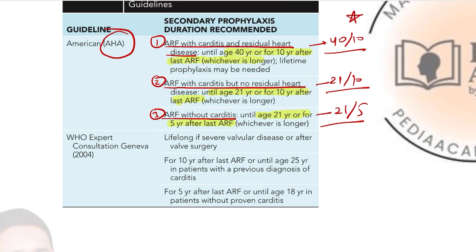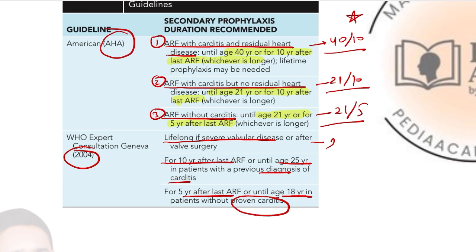WHO criteria of 2004, they are saying it should be given lifelong if severe valvular heart disease is there, and for 10 years after the last ARF until 25 years of age with a previous diagnosis of carditis. If no carditis is there, for at least 5 years after ARF and until 18 years.